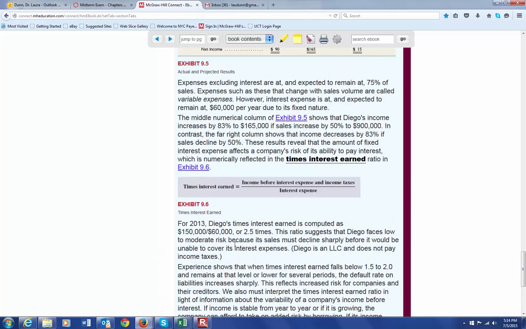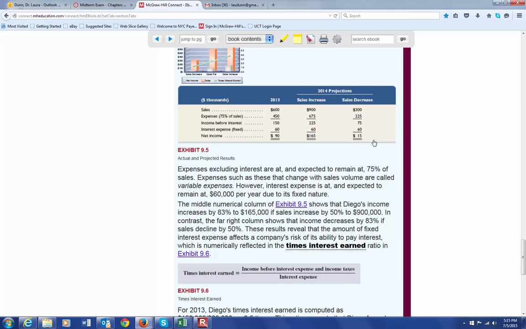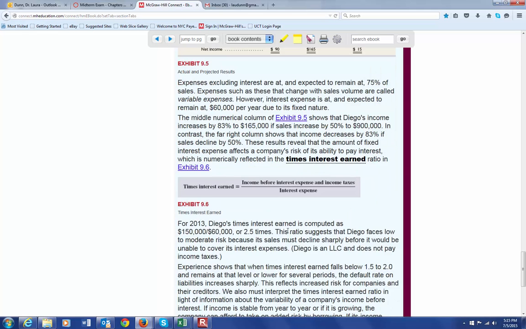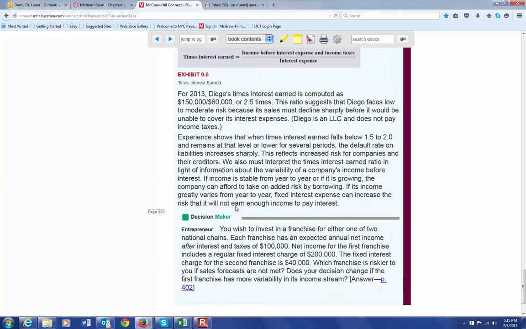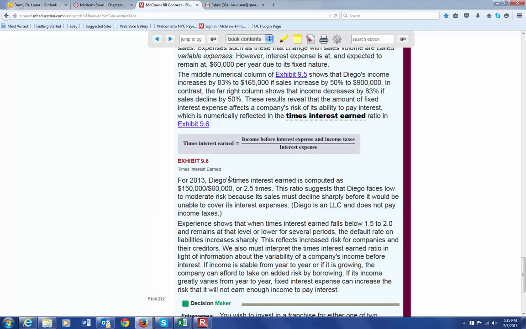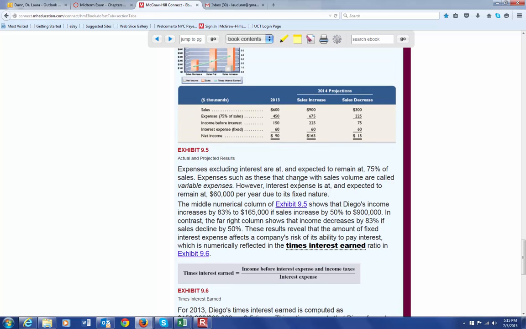If you were to calculate that for both of these possibilities, remember these are just projections, and take the income before interest and divide it by the interest, you would get 1.25.